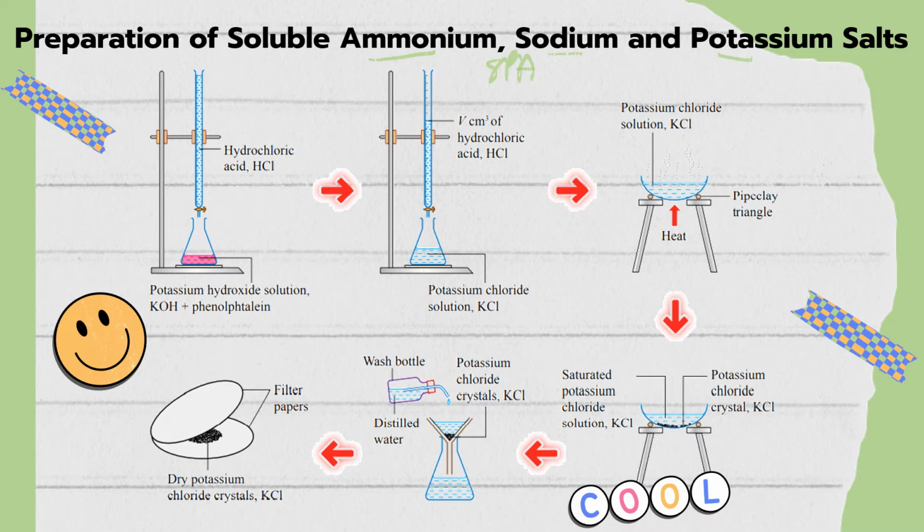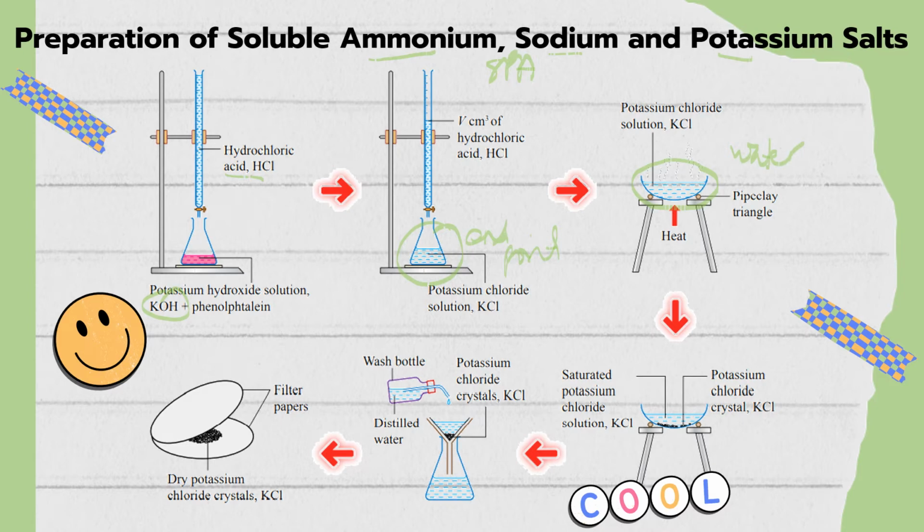All these salts are prepared by this method. First you add acid and alkali. After reaching the end point, you get a soluble salt, but the soluble salt is mixed with water.